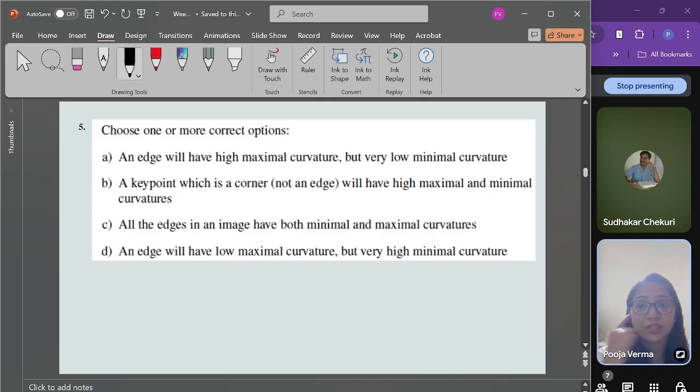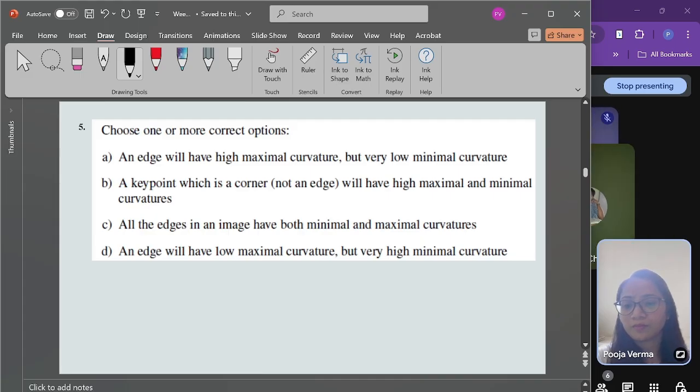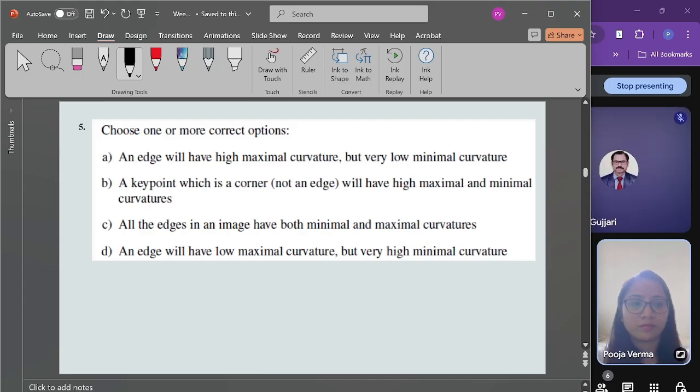And here in the question they have asked to choose one or more correct options, so many options can be correct. So what other options can be correct? Let's see in detail which options are correct.